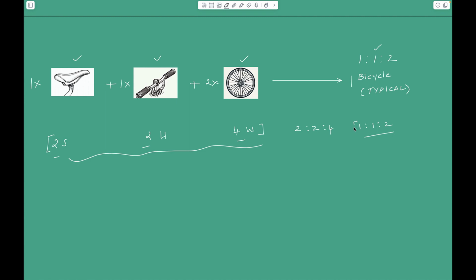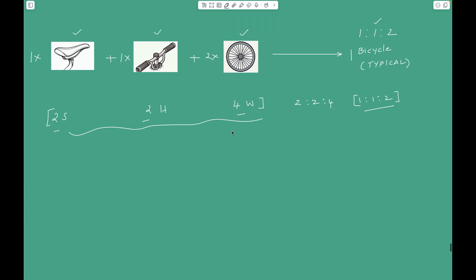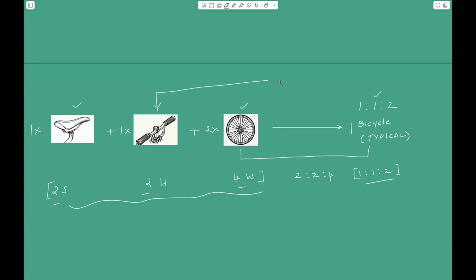Now, if the components are in the correct proportion, then how do we figure out the number of bicycles we can make using these components? Easy. You can figure that out by using any of these three relationships. You have a relationship between the number of wheels and the number of bicycles, between the number of handlebars and the number of bicycles, and between the number of saddles and the number of bicycles.